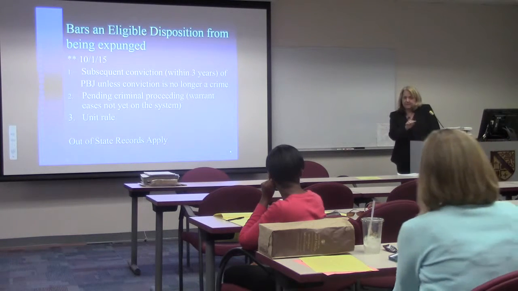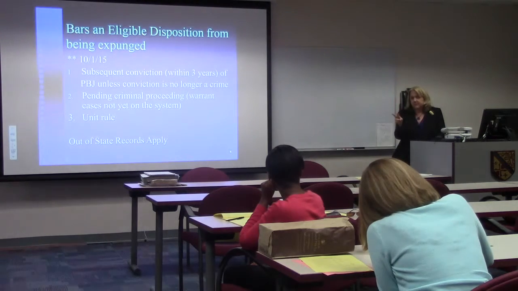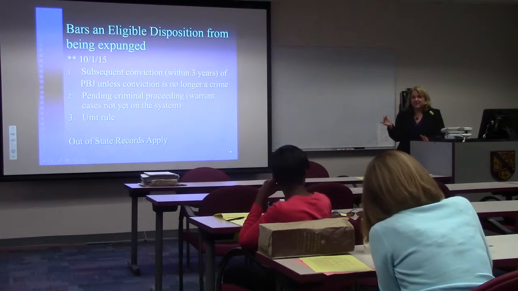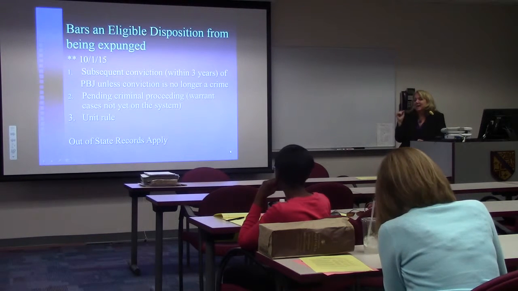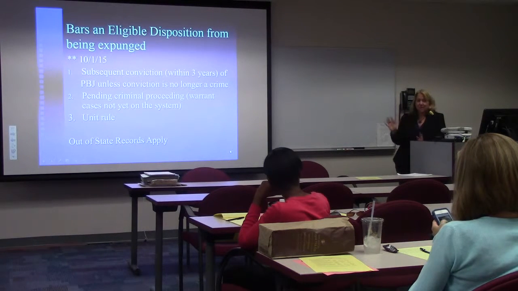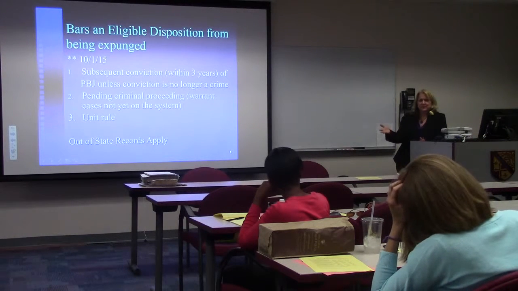Okay. But I've got the exception to the exception, or exceptions, there might be 3 exceptions in this one. We're going to talk more about the shielding. I can't remember if I talked about this, because I might have said it earlier. But if the conviction is eligible to be shielded, according to the statute, and the statute's brand new, so it's going to be interesting just to see how it all plays out, according to the statute, if you get the case shielded, that PBJ should be eligible to be expunged.